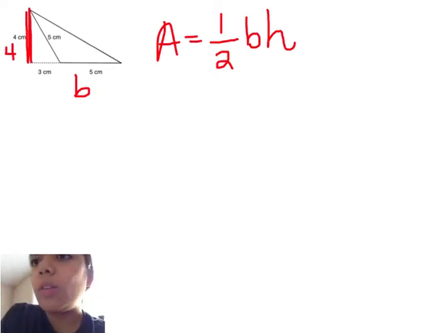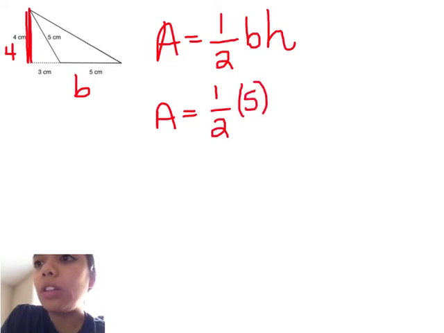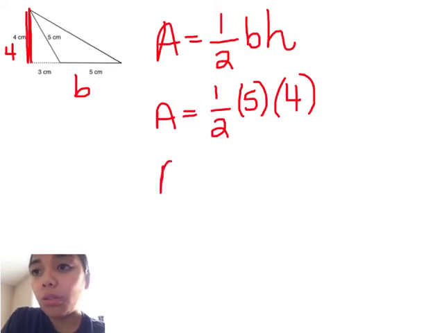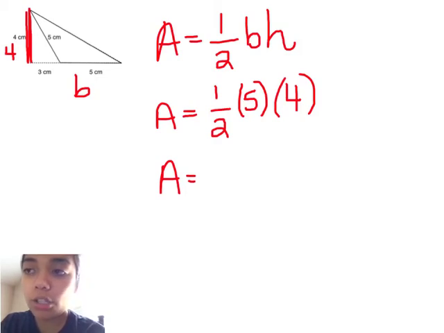So area equals 1/2 the base, 5, times my height, which is 4. Because this is all multiplying, it doesn't matter which order I go in. If there was division and addition and subtraction in it, then we'd have to use the order of operations.